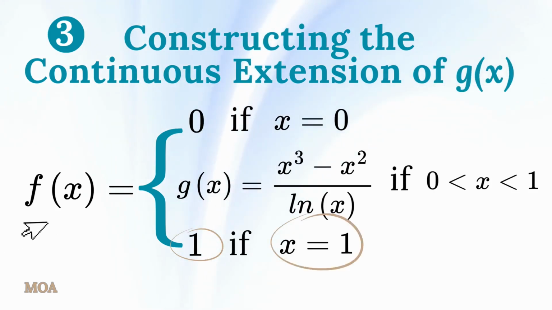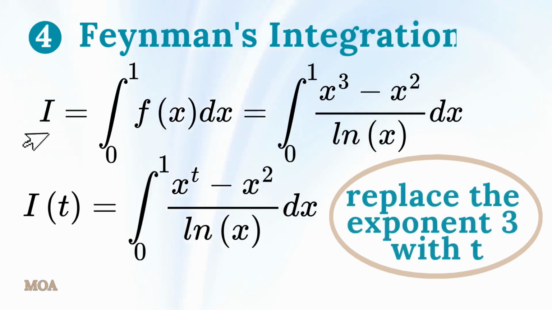When x equals 1, f(x) equals 1. Next, we express our original integral as I equals the integral from 0 to 1 of f(x) with respect to x, which is equivalent to the integral of (x^3 - x^2) divided by the natural logarithm of x with respect to x.